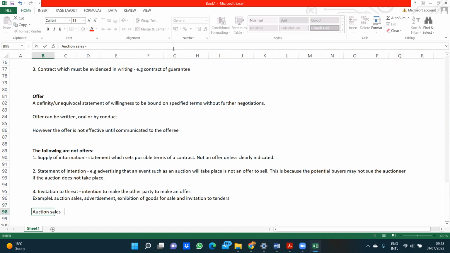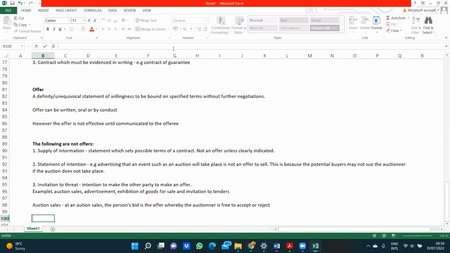At an auction sale, the person's bid is the offer, whereby the auctioneer is free to accept or reject. Advertisement: an attempt to induce offers.